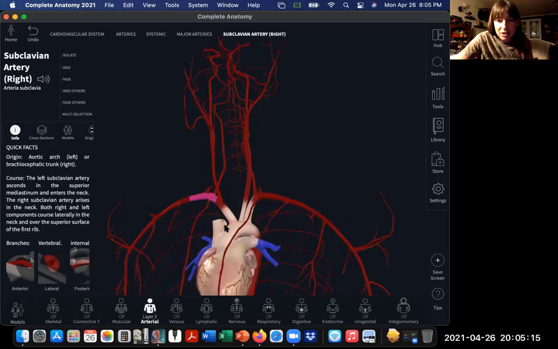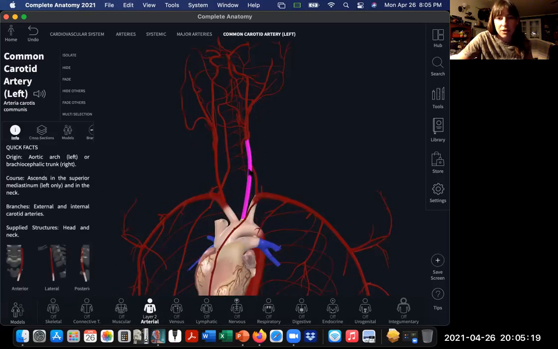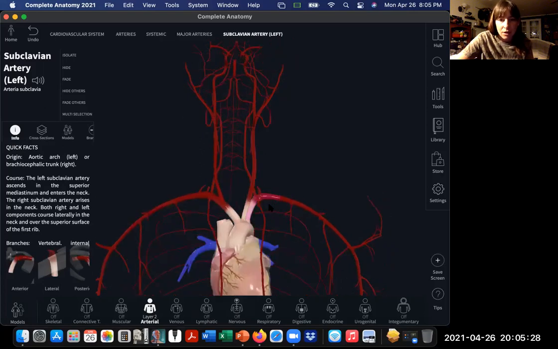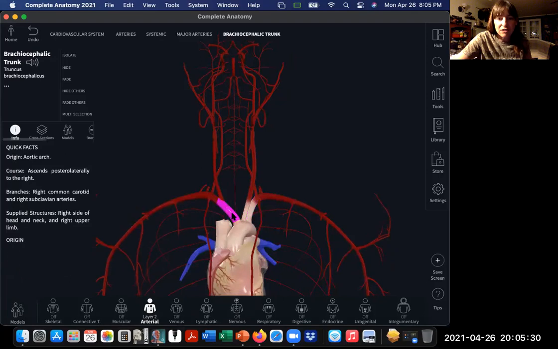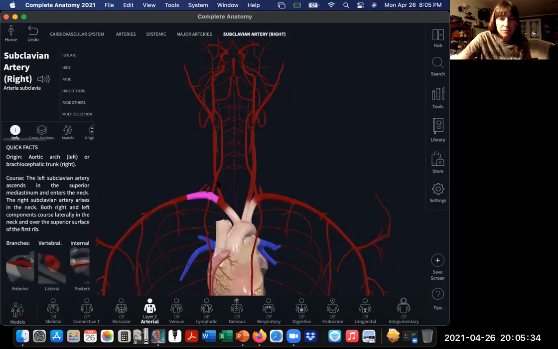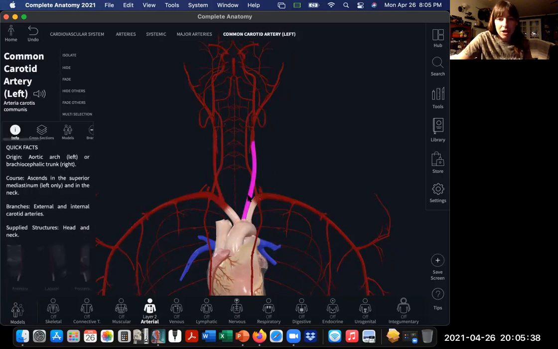The center trunk here goes straight up to become the left common carotid. And the third trunk comes up and over to just become the left subclavian, okay? That brachiocephalic trunk that became the right carotid and the right subclavian, let's follow this right carotid. And remember that the left carotid is coming straight out of that middle trunk, okay?